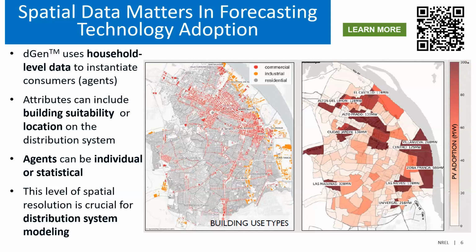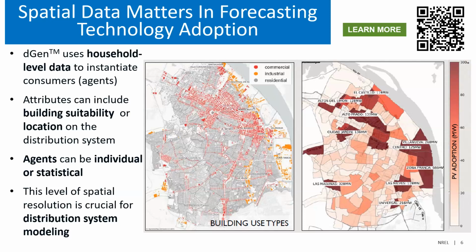And then we can add other things, such as where it's located, what kind of building it is, what the rooftop characteristics are, tilt and azimuth, what utility it is within that particular zone, what rate tariffs it subscribes to, and what policies and incentives at the state, utility, and federal level apply to particular agents. So agents can be statistical, but they also can be individual.